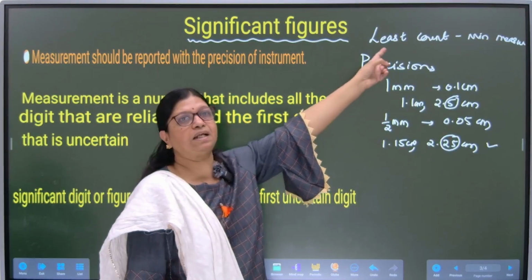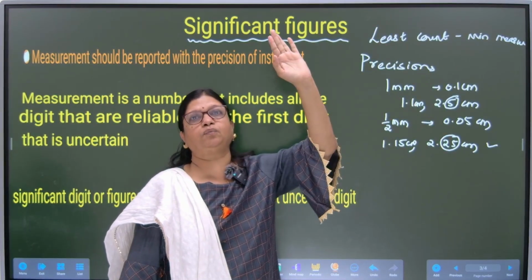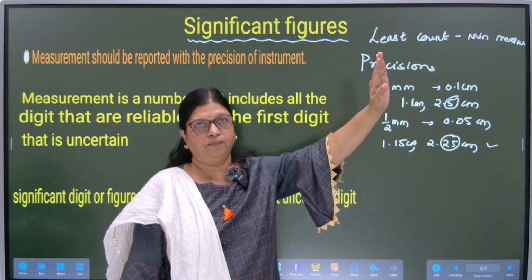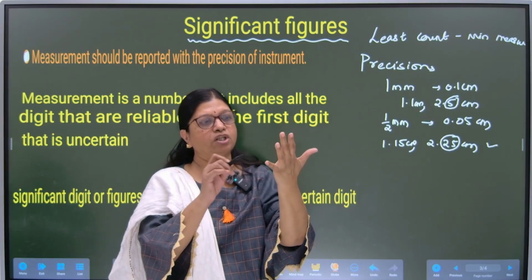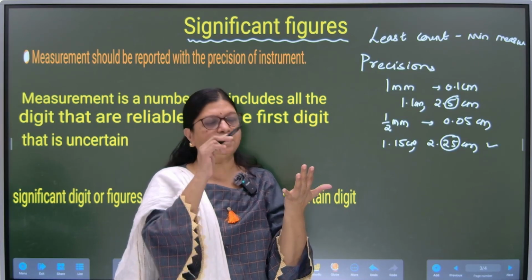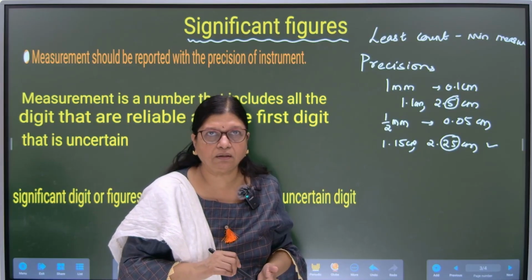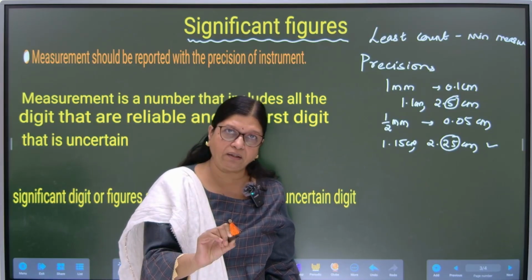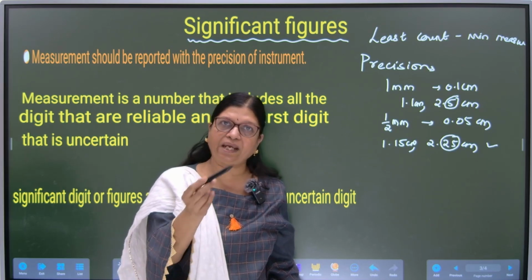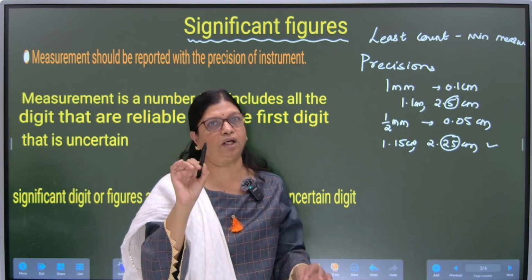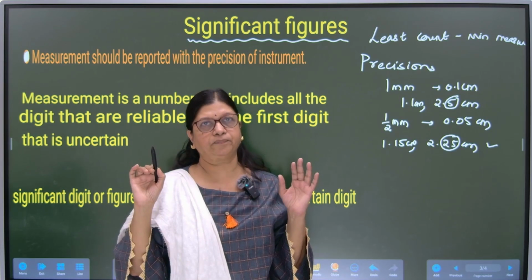Precision will be decided by the least count of the instrument. Okay, so measurement has to be reported with the precision of the instrument, which will be decided by the least count of the instrument. Fine?